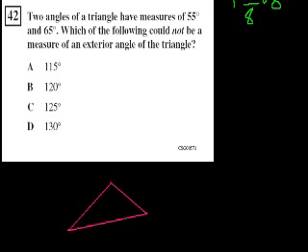An exterior angle at one of the vertices is where you essentially extend one of the lines at that vertex out. So this is an interior angle right here. The exterior angle is if you extend this line out. So if I were to draw a dotted line that extends out this bottom line, this is the exterior angle right here. And as you can see, it's going to be the supplement to this interior angle.